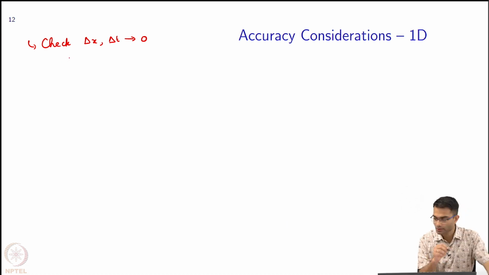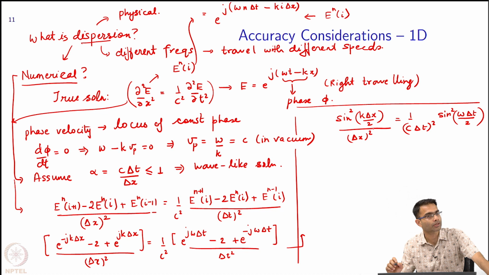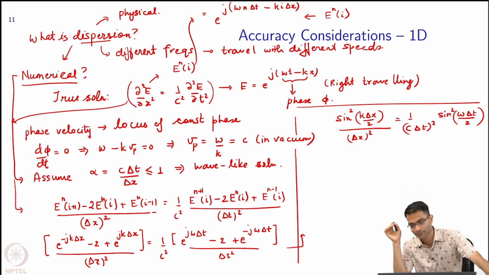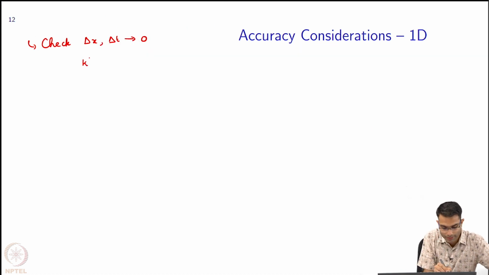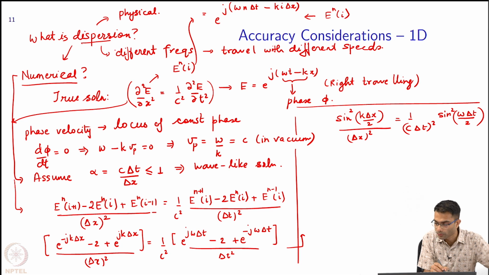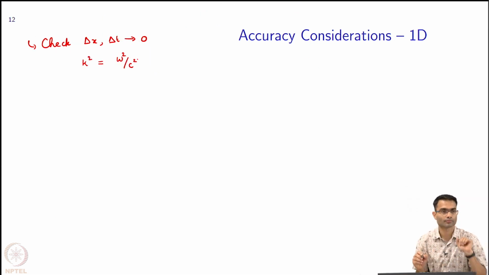So, this is going to become k delta x by 2 whole squared, and the right hand side will have omega delta t by 2 whole squared. The fact that 2 squared and all gets cancelled off, the delta x gets cancelled off, right. So, k will remain. So, I will get k squared is equal to omega squared by c squared, okay.